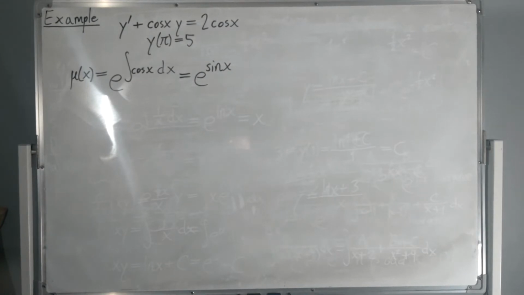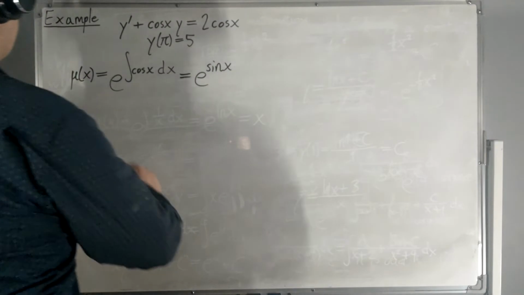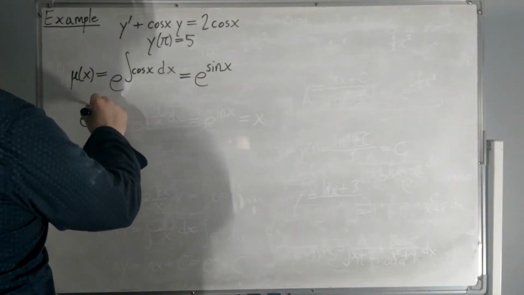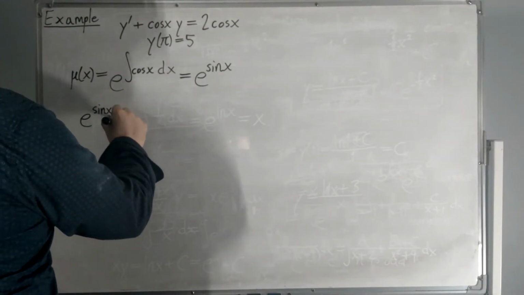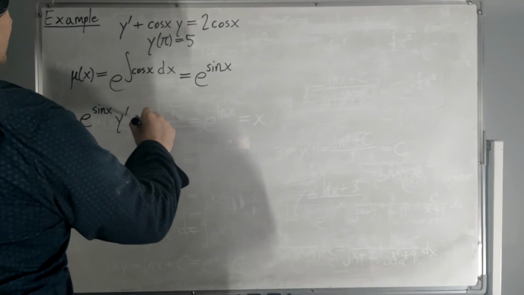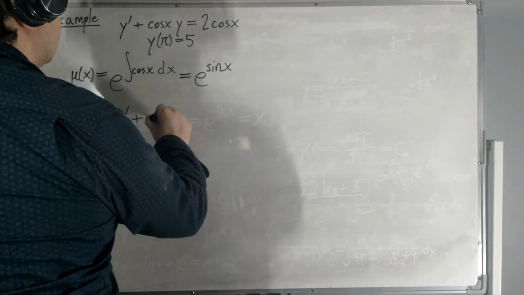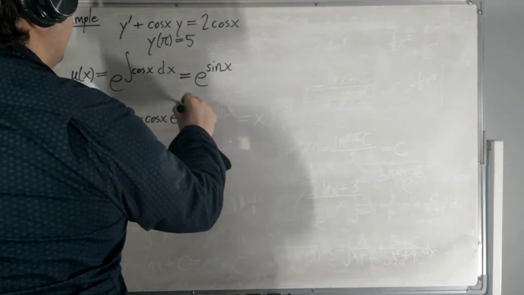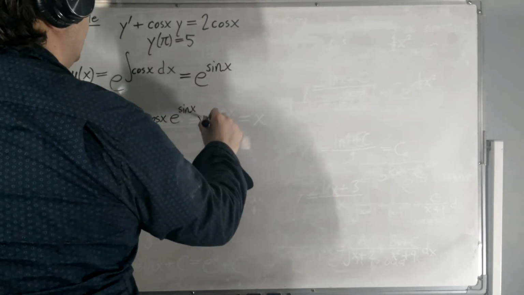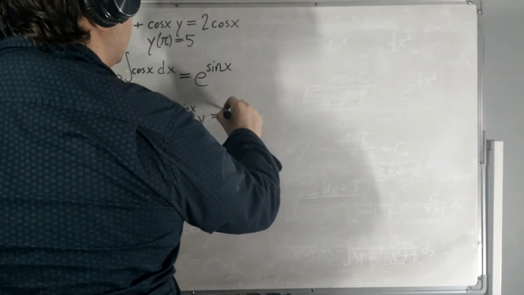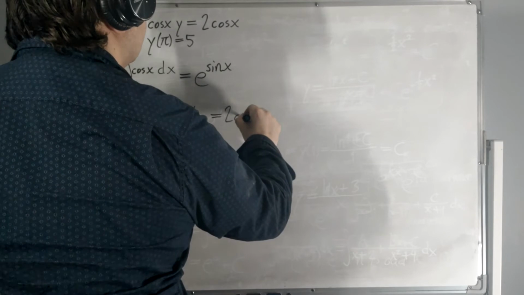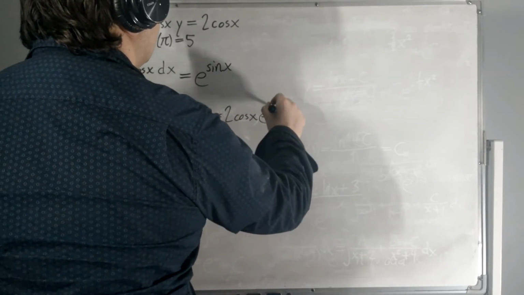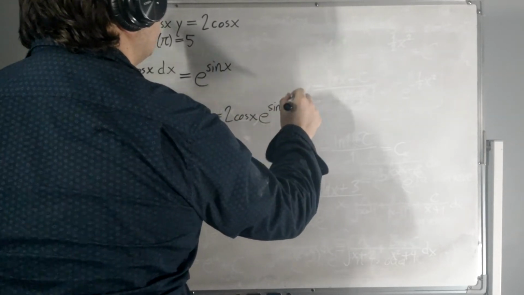We multiply this by everything in sight, and we get e to the sine of x times y prime plus cosine of x times e to the sine of x times y equals 2 cosine of x e to the sine of x.